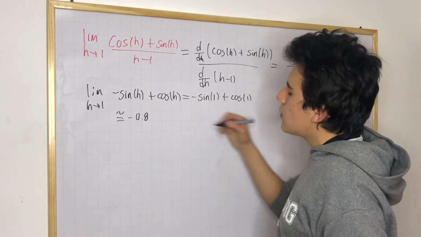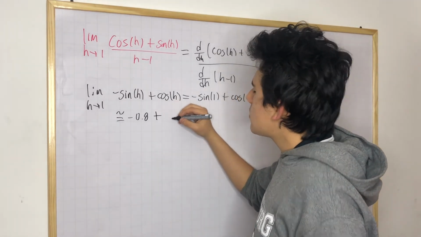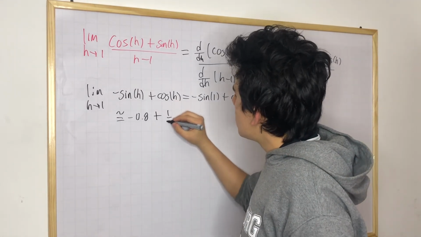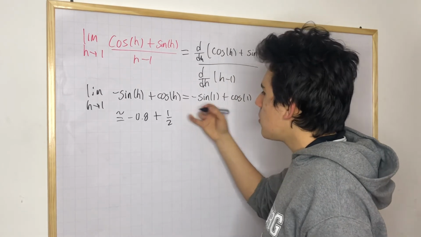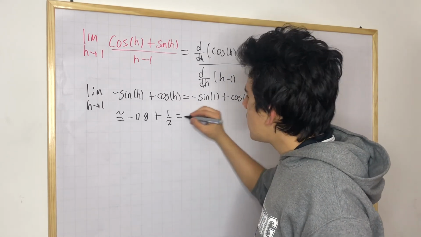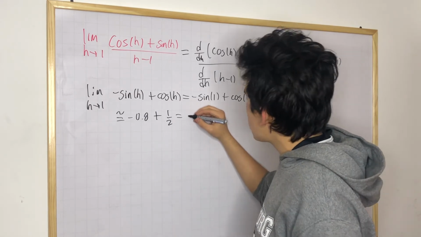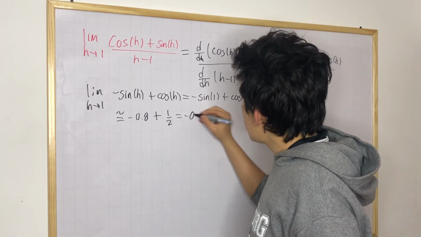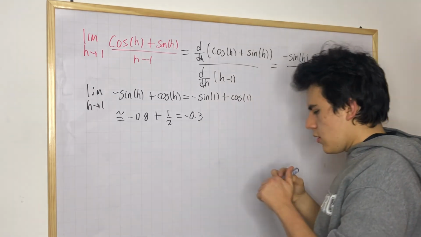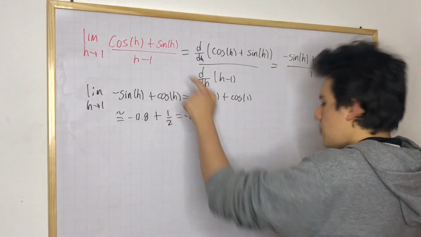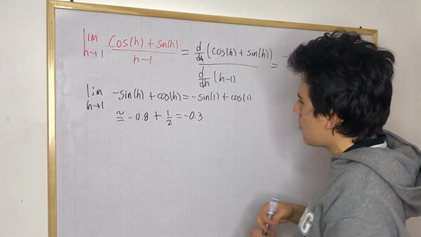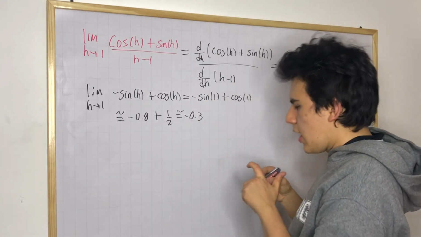I think cosine of 1 is 1/2, or at least approximately. So that would be 0.5. So we would just simply get negative 0.3. So this is how much we get for this limit right there, okay? Very approximately.